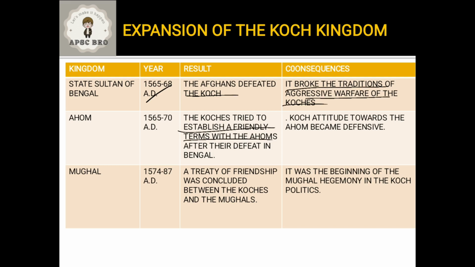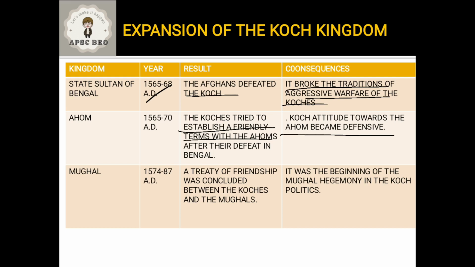They tried to establish friendly terms with the Ahom so that they could attack back the Bengal Sultanate. They knew that the Bengal Sultans were a strong force, and if they had to defeat them or protect the kingdom against them, they had to have a friendly relationship with the Ahom. So the Kus attitude towards the Ahom became defensive, and this actually gave a chance to the Ahoms to make their inroads into the Kus kingdom.